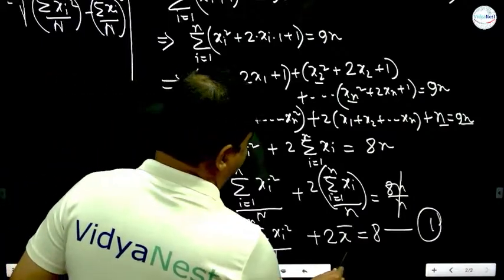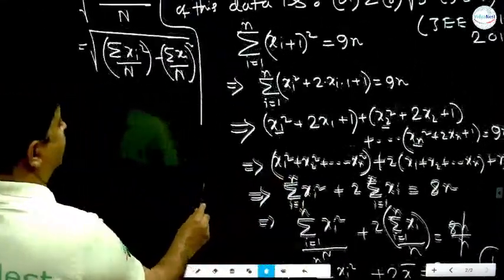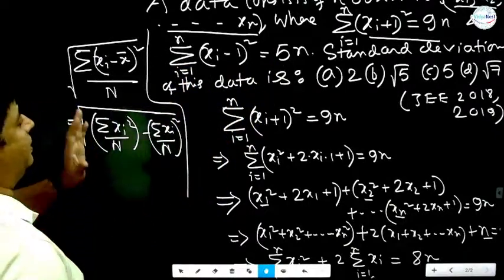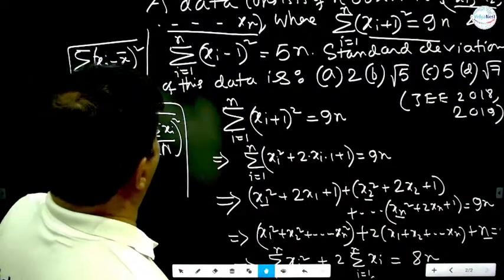Good. Now you choose the second data given in the question, summation of xi minus 1 whole square.